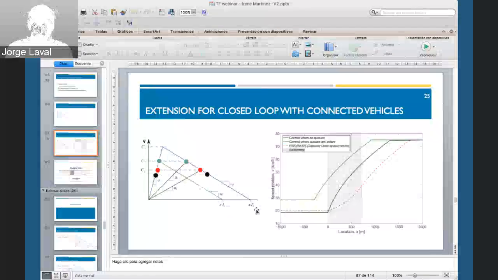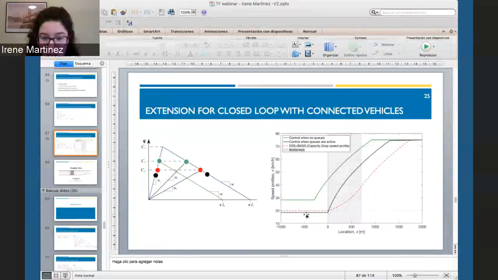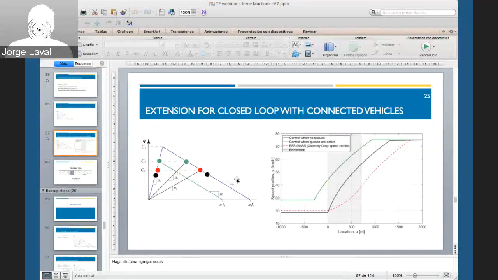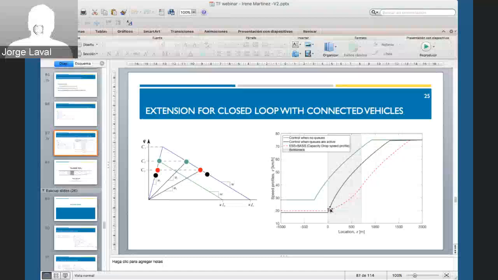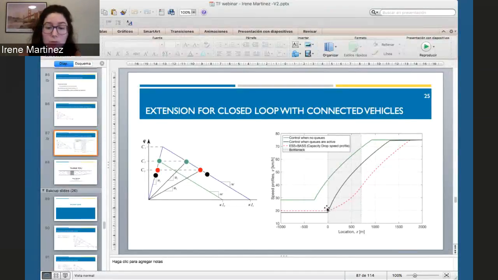Yes. So maybe I wasn't clear enough here, but when we put the speed limit that is lower than U3, so the right-hand side black dot, the speed profile of bounded acceleration is the one on the right-hand side, and it can be located just upstream of the bottleneck from all the theory. But if we increase the speed limit, this location increases. So we need to further move upstream the variable speed limit zone.